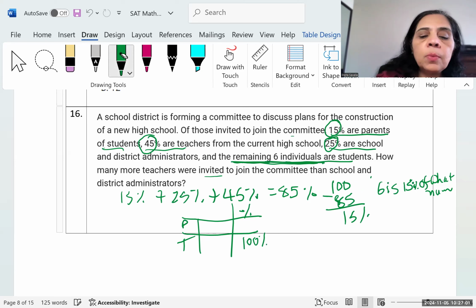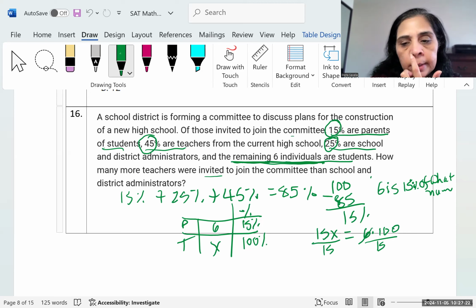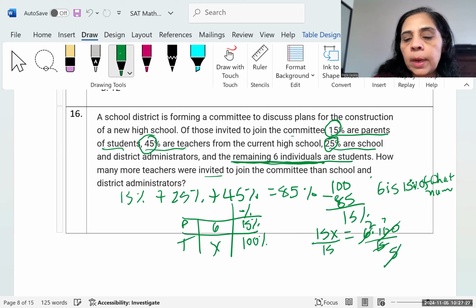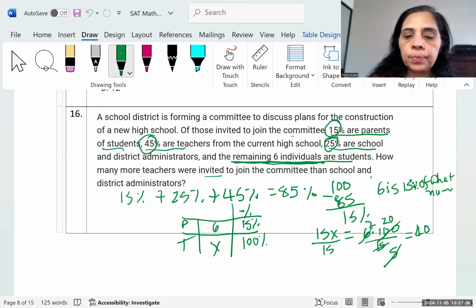We need to find the total, where the part is 6. So we can do 15x equals 6 times 100, divided by 15. We can divide by 3, so here it is 5 times 20, and 20 times 2 is 40. So 40 is the total, and we can see 40 more teachers they can hire, they can join more.